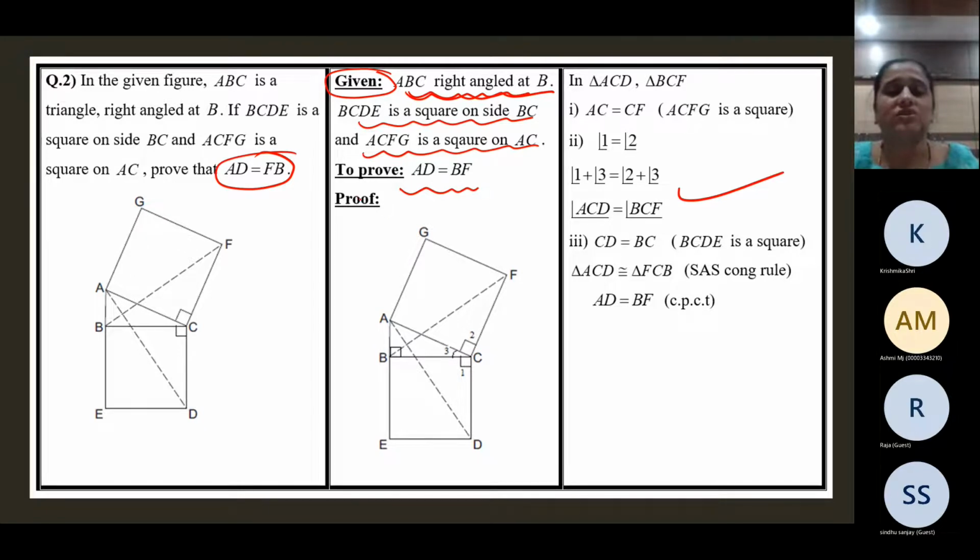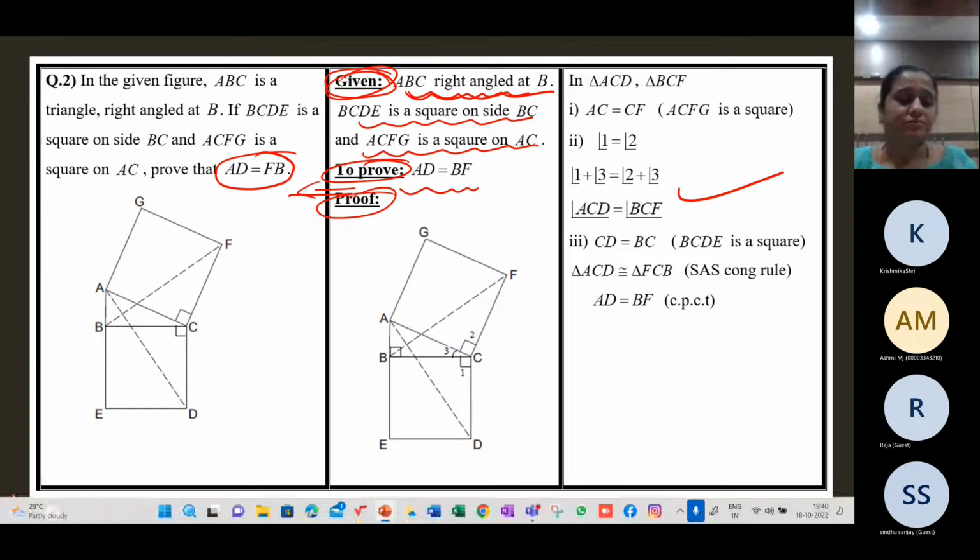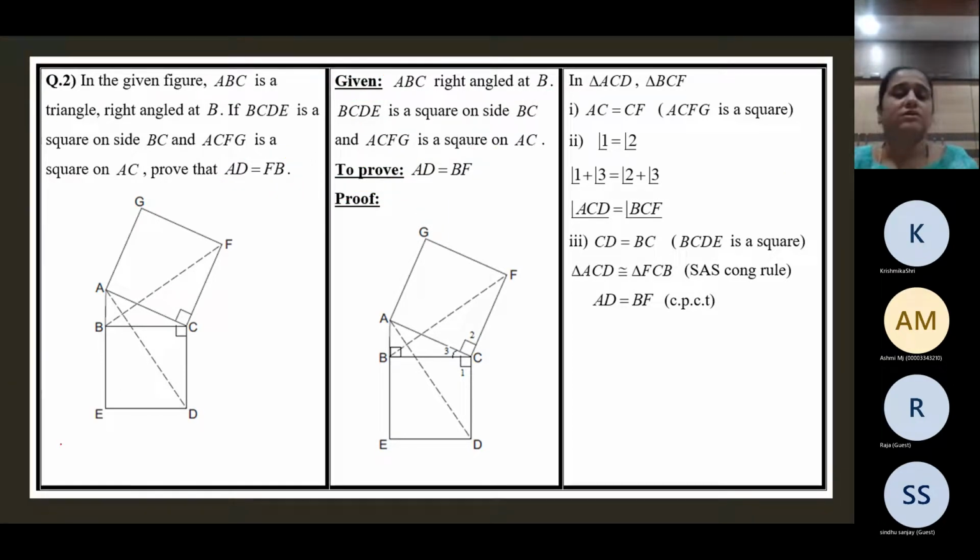Then if you have any construction, write that and then the proof. You should not write the proof straight away: Given, To Prove, Construction if any, and then the Proof. I'm telling you the proof directly because you know what to write here.